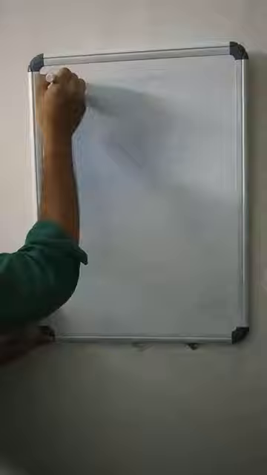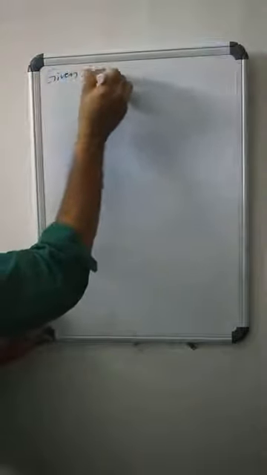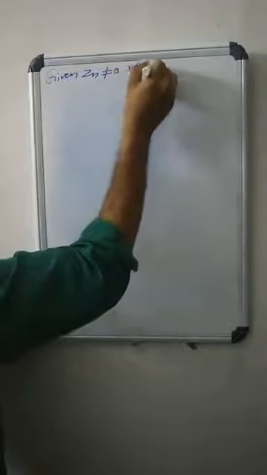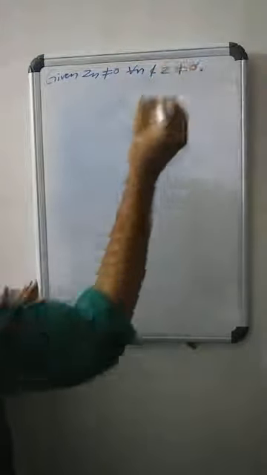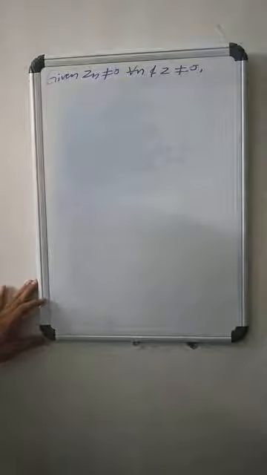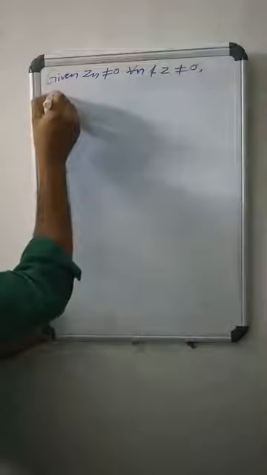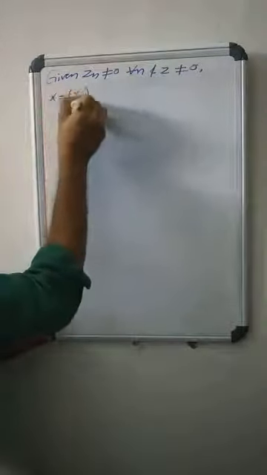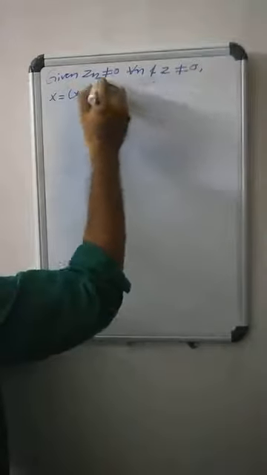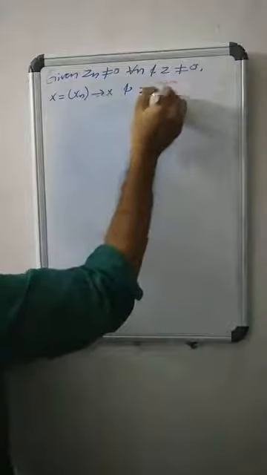The first one is: given zn differs from 0 for all n and z differs from 0, let x be the sequence xn which converges to x, and z the sequence zn which converges to z.